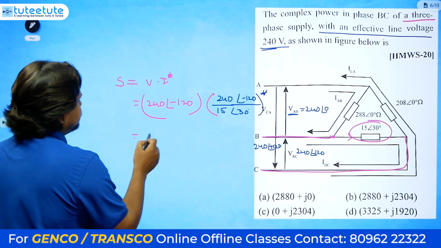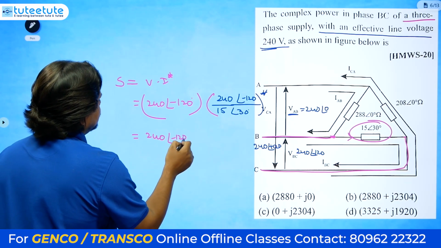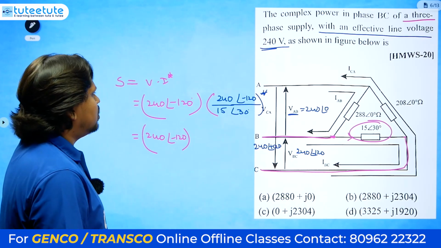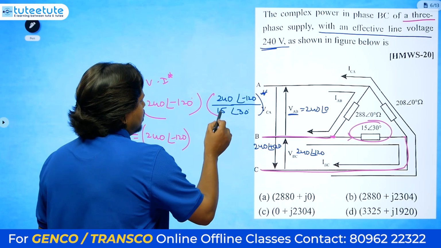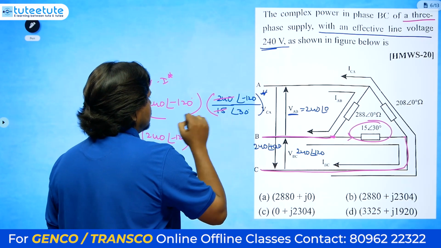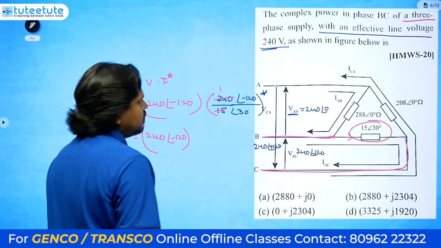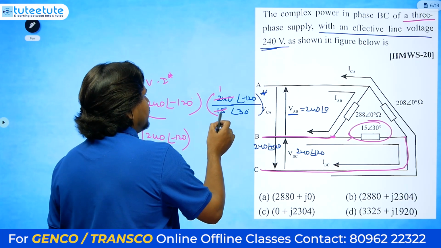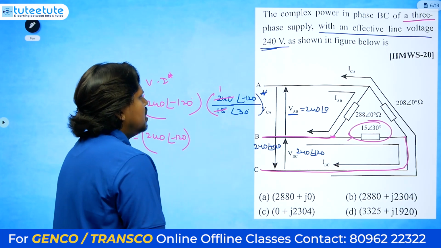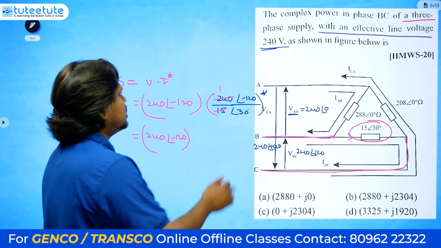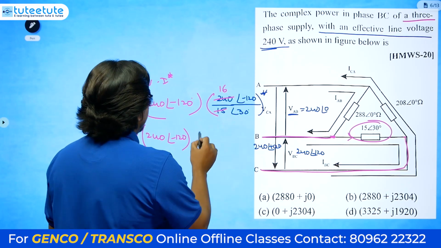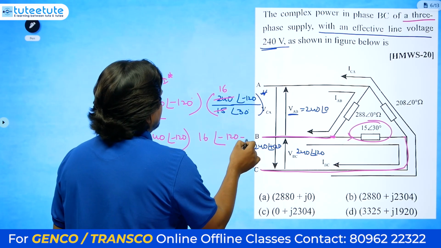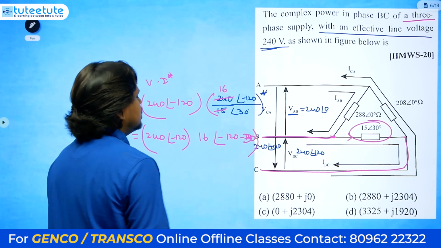So 240 at an angle of minus 120 into 240 divided by 15. 240 divided by 15, what will you get? It is 16. So you will get 16 at an angle of minus 120 minus 30. This is the complete one.